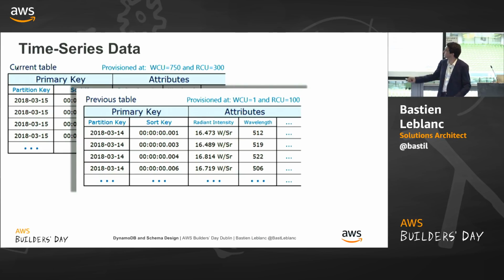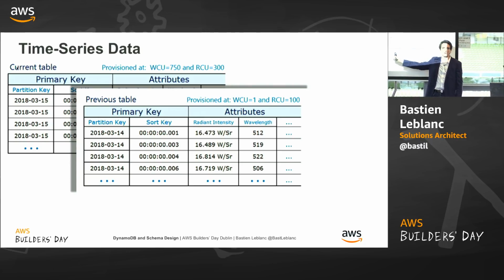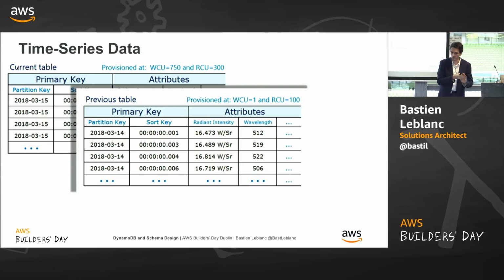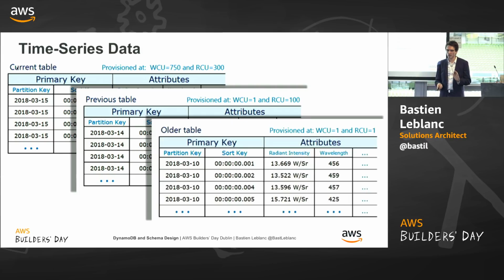And here you can reduce the write to 1, because that's just an archive, so you are sure you will never write again in this table. And you still have quite read-heavy usage, because your application will probably display the last 30 days. And then you probably have another table, and the number of tables here depends on your use case. The older table will probably be after 30 days, provisioned with only 1 read and 1 write capacity.